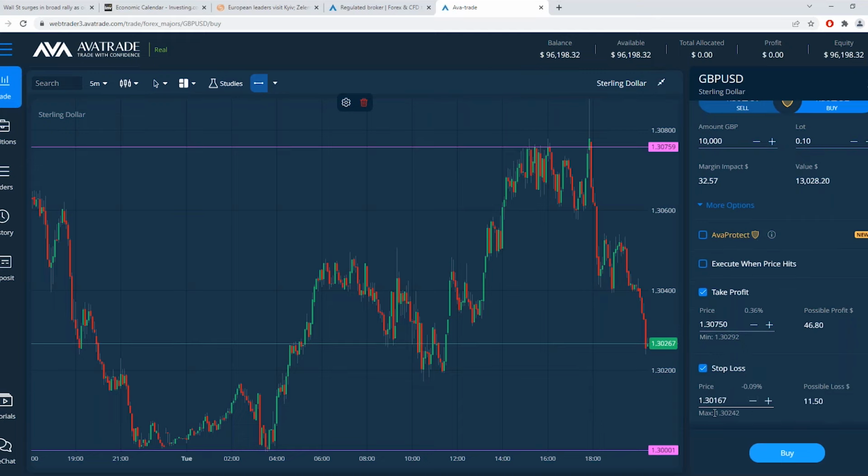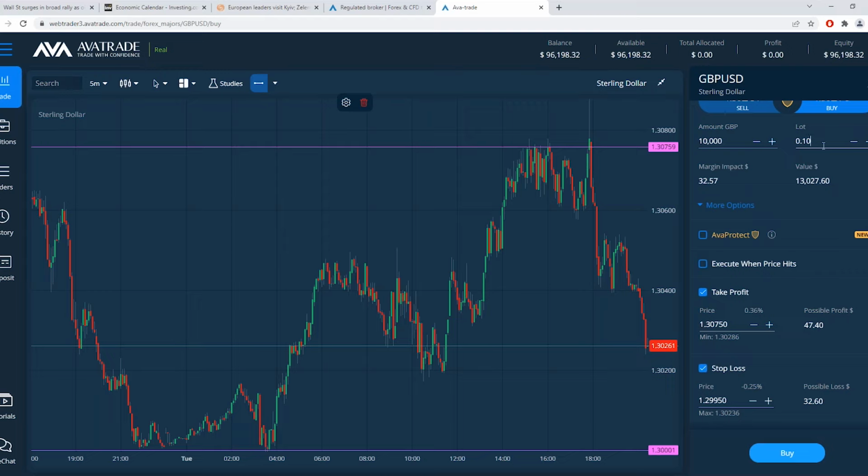Stop loss, I'll have to reprogram that. We had it down at 129.95. Okay, so potential profit greater than risk, 47.40 compared to 37.60 if it hits our entry price.